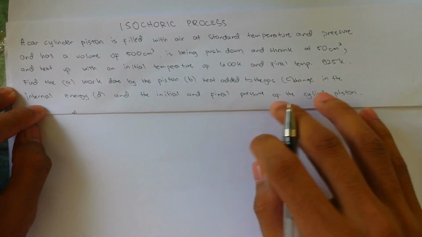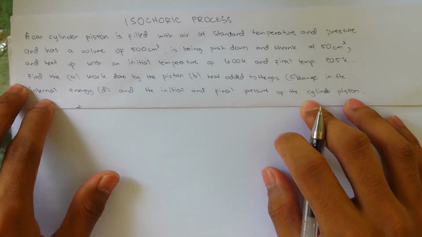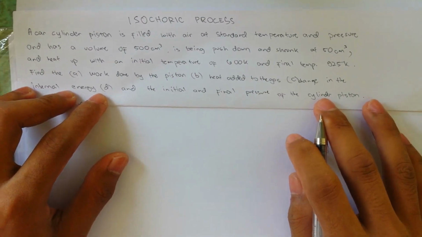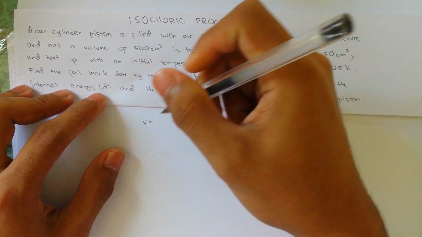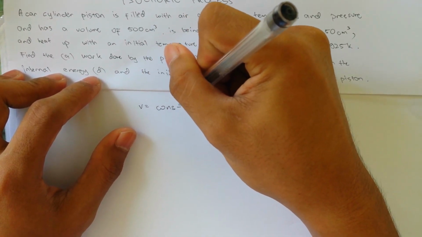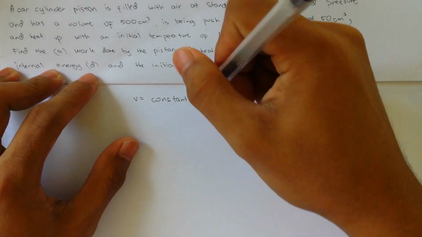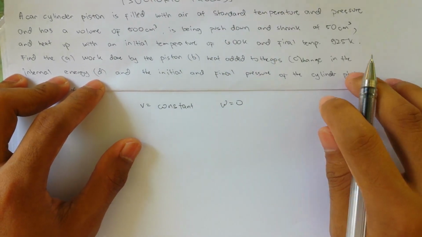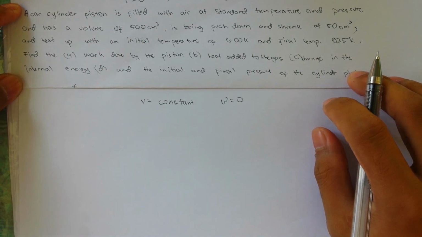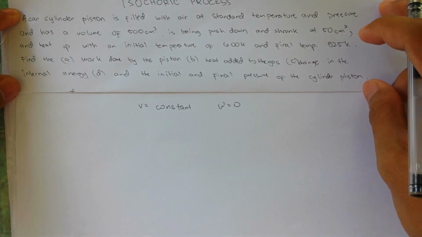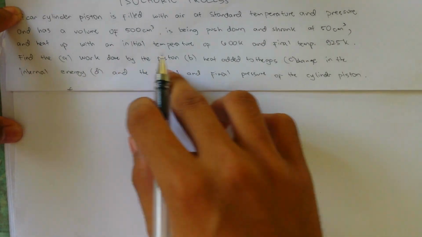First, we're gonna discuss the isochoric process. Isochoric process means the volume is constant and the work done by the system is equal to 0. Now we're gonna draw a diagram that defines the problem.